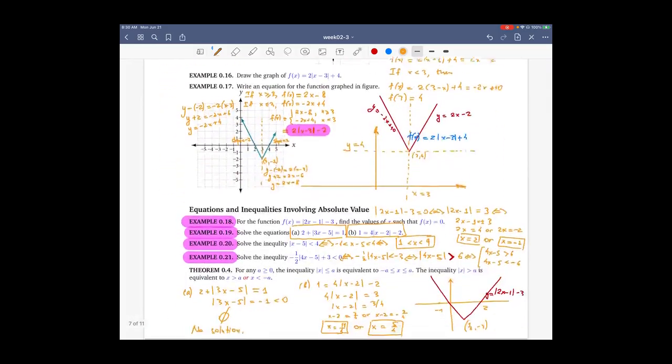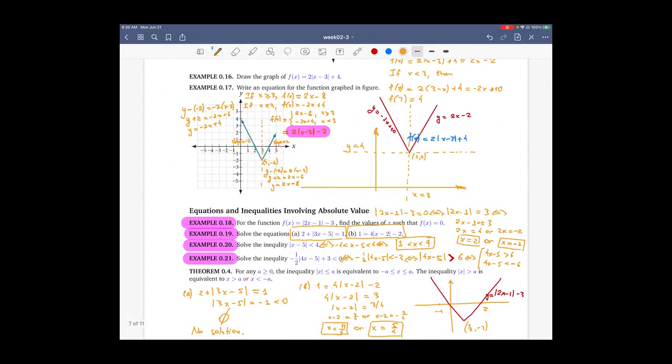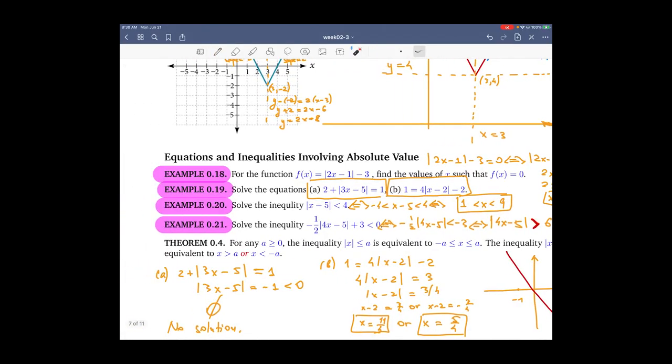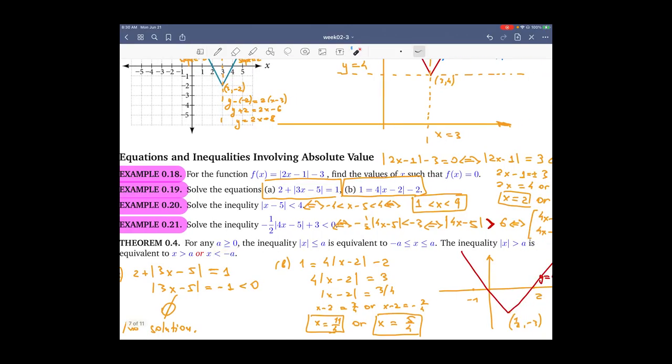And the theorem at the end of this simply generalizes all inequalities involving linear functions and absolute values. So whenever a is non-negative, the inequality absolute value of x is less or equal than a is equivalent to x being between negative a and a. Again, the easiest way to see why this is the case is to look at the real line.